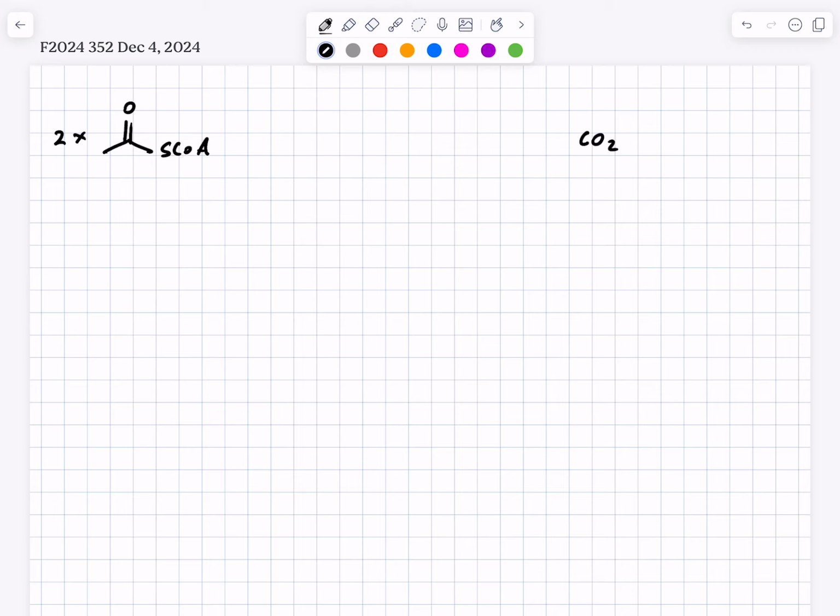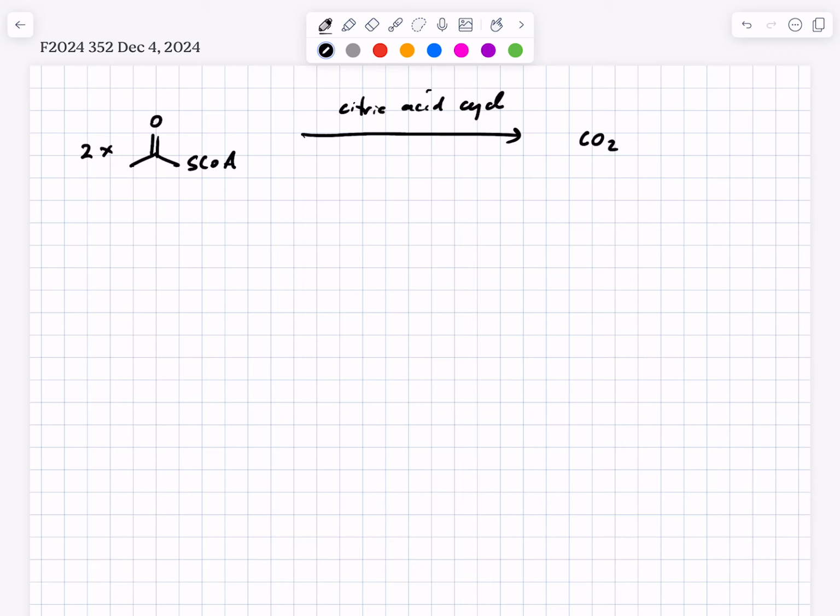We're going to say, remember, we started with glucose, and we generated 2 molecules of pyruvate from glucose in glycolysis. Then we converted those 2 molecules of pyruvate to 2 molecules of acetyl-CoA in the pyruvate dehydrogenase complex. And now in the citric acid cycle, or the Krebs cycle, we're going to convert 2 molecules of acetyl-CoA into 4 molecules of CO2.